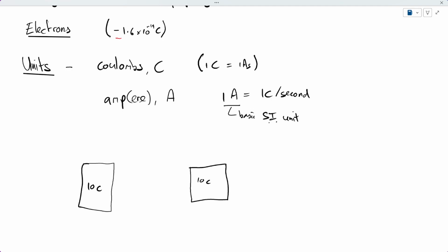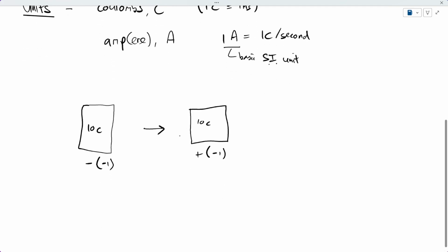Since electrons have a negative amount of charge, if I take a bunch of electrons from here, so many electrons that their total charge is minus 1 coulomb, and I transfer those electrons to this store of charge on the right, what I'm doing is subtracting minus 1 from here and adding minus 1 to here, which means that I end up with 11 coulombs here and 9 coulombs over here, which means that charge has in fact gone this way.